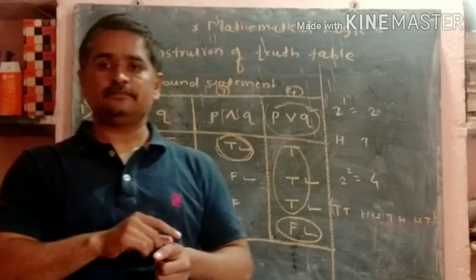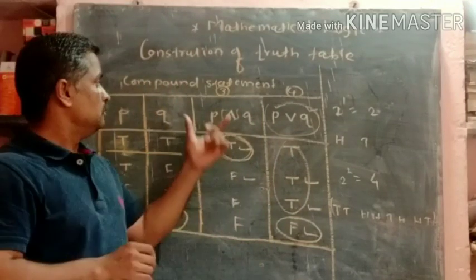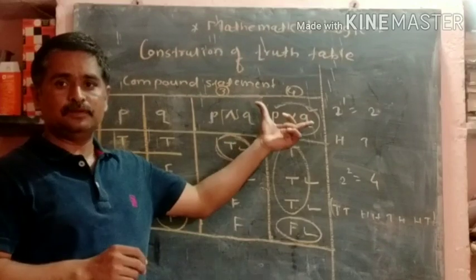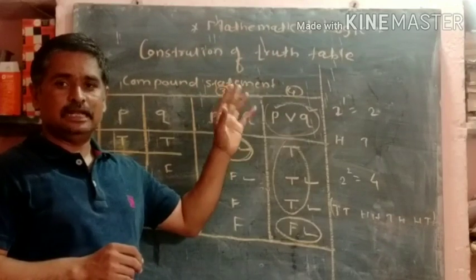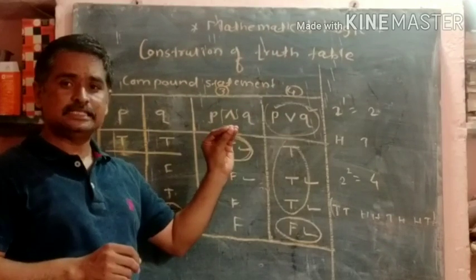So in column number 3 and column number 4, we observe and remember these tricks.